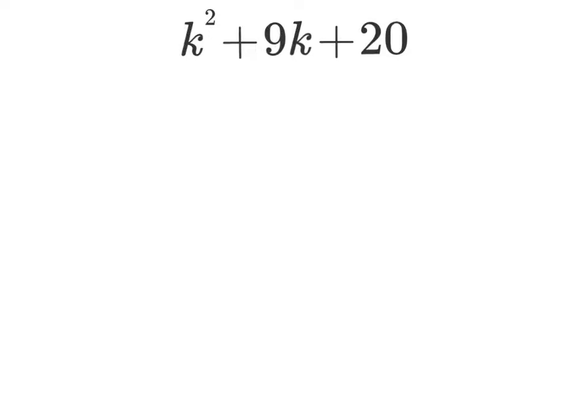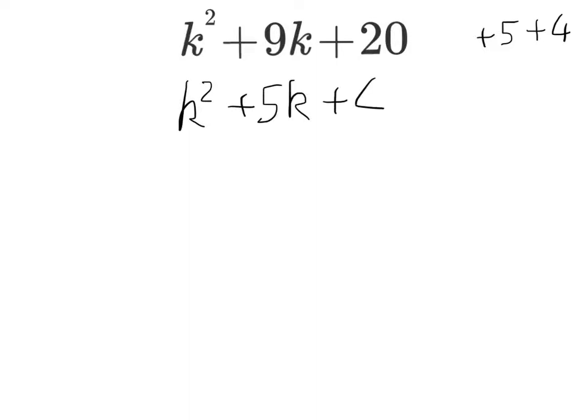So very little thought there. I know I've got positive 5, positive 4, or 4 and 5. So I'm going to rewrite my statement as k squared plus 5k plus 4k plus 20. Now it's important to realise, well, my k squareds, they've not changed.